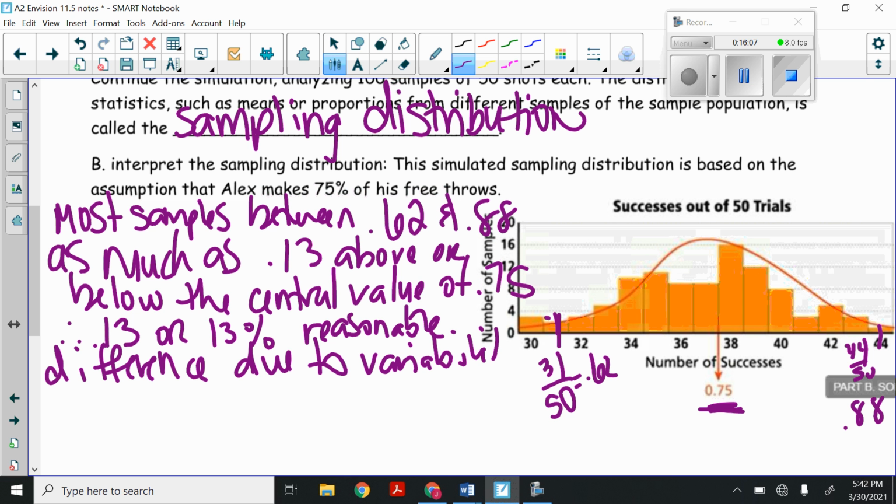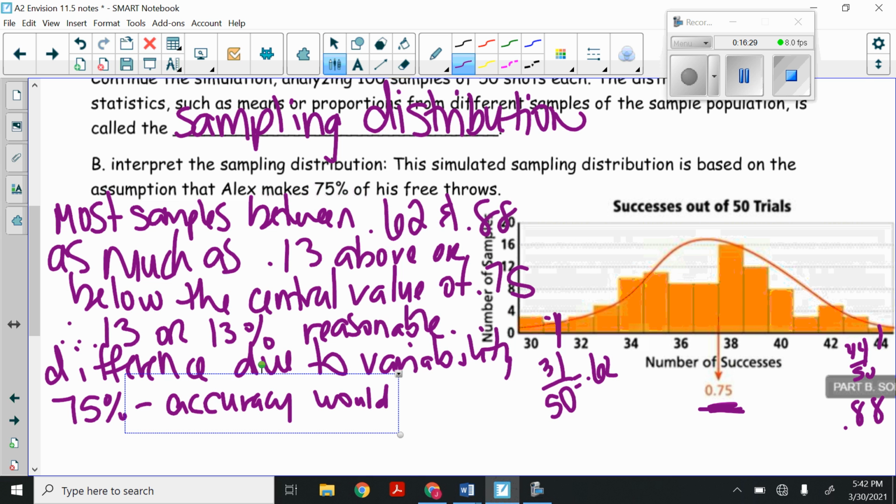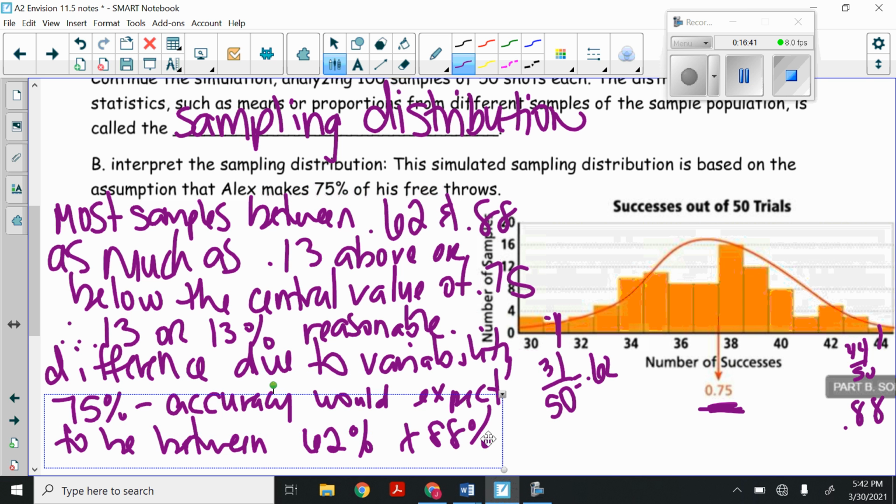So now let's check and see, does Alex match in there? A 75% free throw shooter is what Alex said he was. With the variability, we would expect the accuracy to be between 62% and 88%.